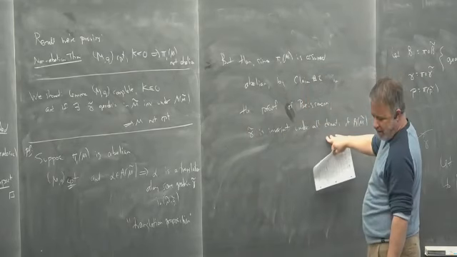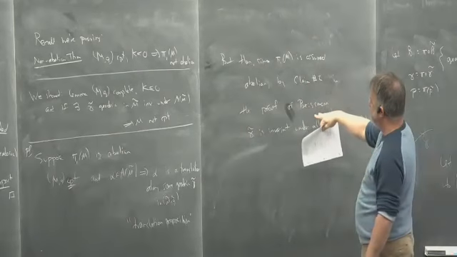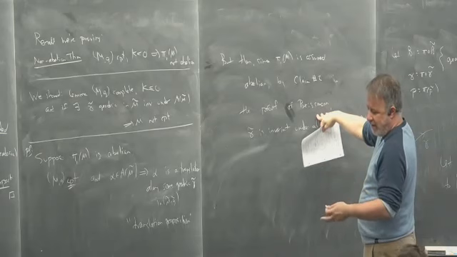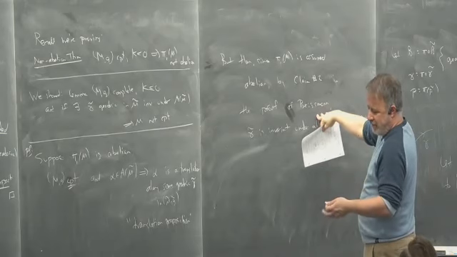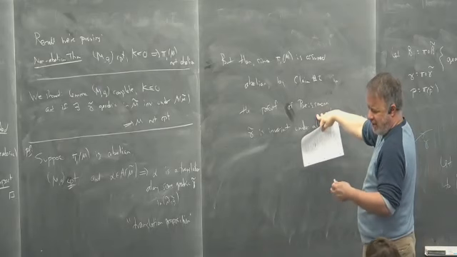Because claim 2 for Preissman's theorem says that if you have some translation along gamma tilde and you have another element of the group of deck transformations which commutes with it, then it'll also leave the same gamma tilde invariant.